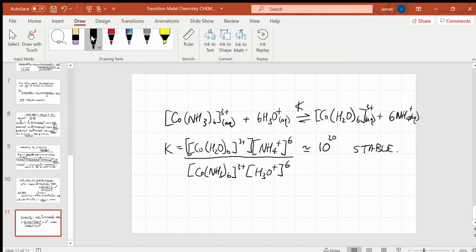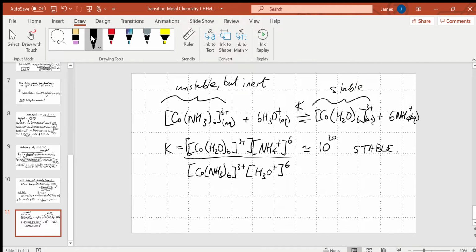So obviously this is the stable product, and this would be unstable, right? Because the K value favors formation of product, therefore the reactants are less stable. So it's unstable, but we're going to see that it's inert.